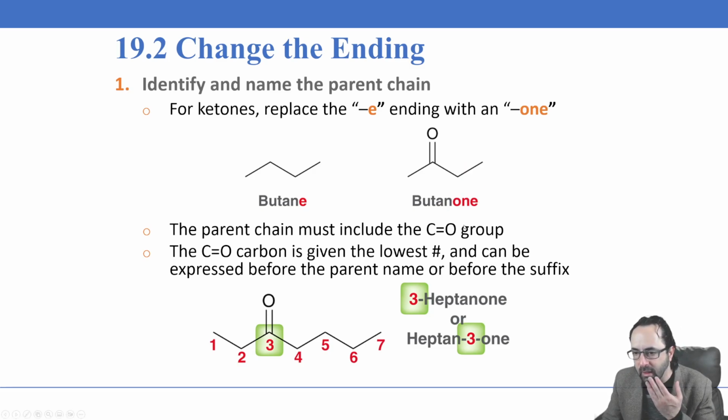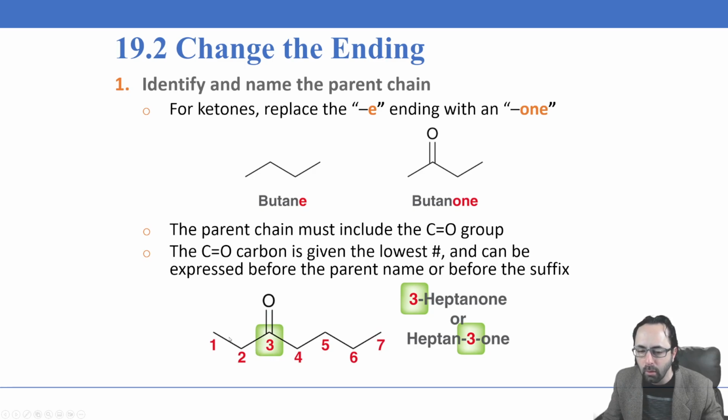The ketone here must be included in the chain. It's going to be a high priority group. The carbon in the carbonyl needs to be given the lowest number that is possible. So when we're numbering this one here, this has got 7 carbons, and we're going to number it starting from the left. 1, 2, 3, 4, 5, 6, 7, not the other way around, because that's going to get us to the ketone first, whereas if we went this way, the ketone would be numbered 5.